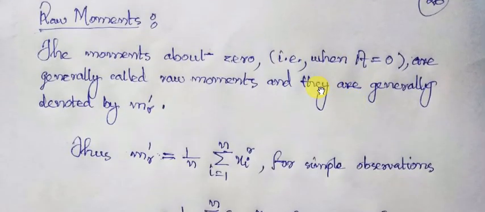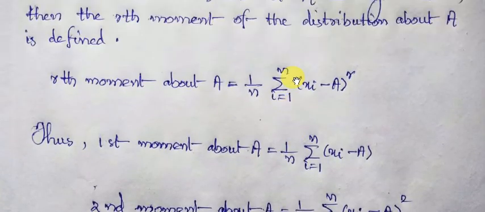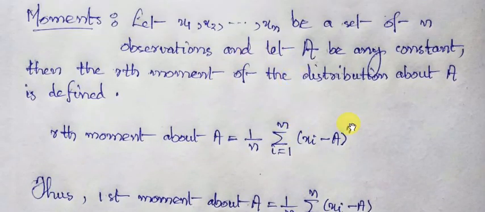Okay, now we shall recapitulate these raw moments. In this general definition of a moment, we have not been constrained to consider any specific real constant. We have not been constrained to consider this real constant A as any specific real number.